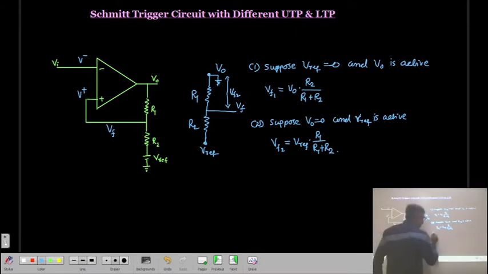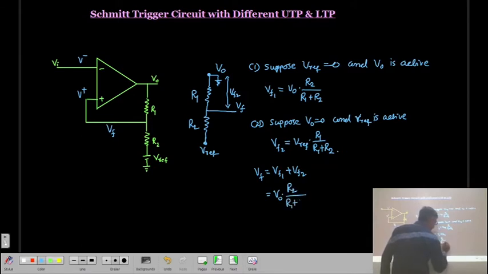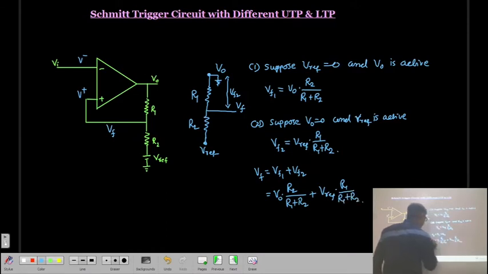So according to the superposition principle, the feedback voltage is Vf1 plus Vf2, and that is given as Vo into R2 divided by R1 plus R2 plus V reference into R1 divided by R1 plus R2. This is my feedback voltage.